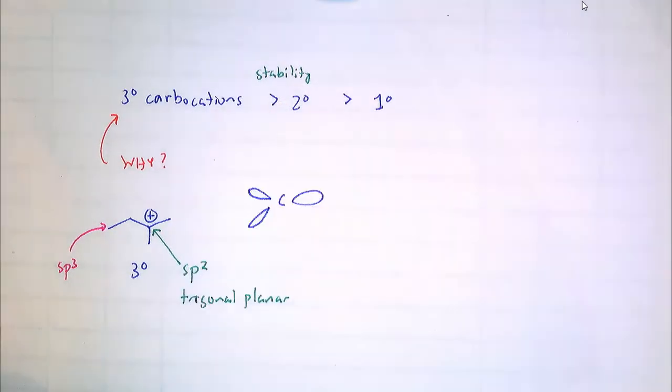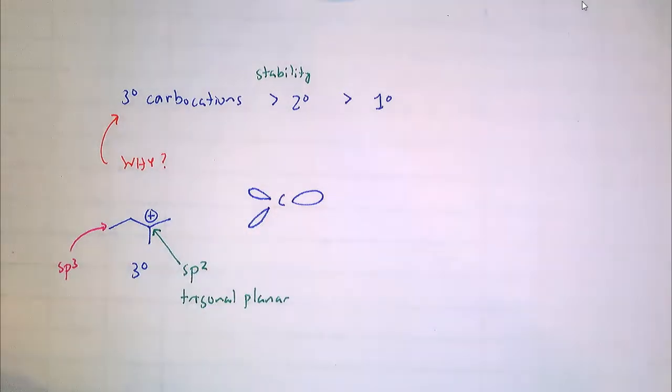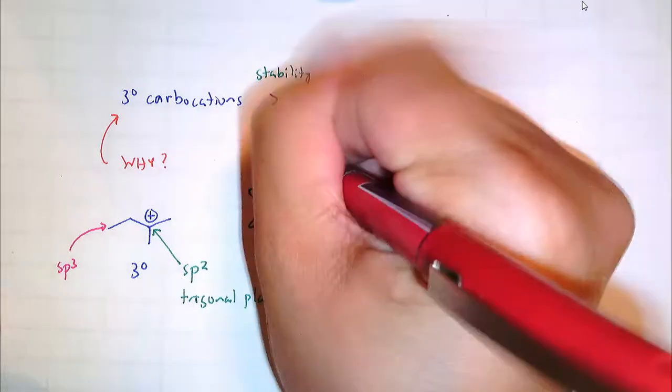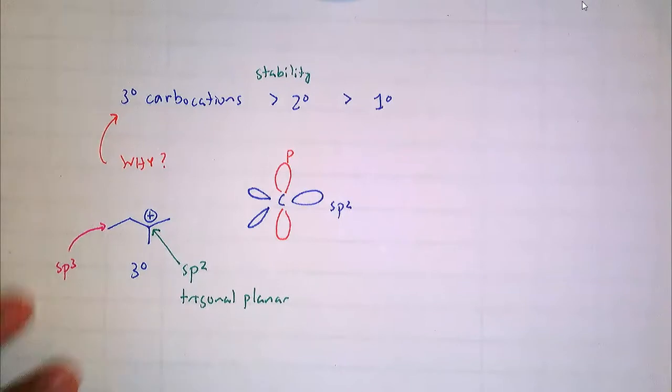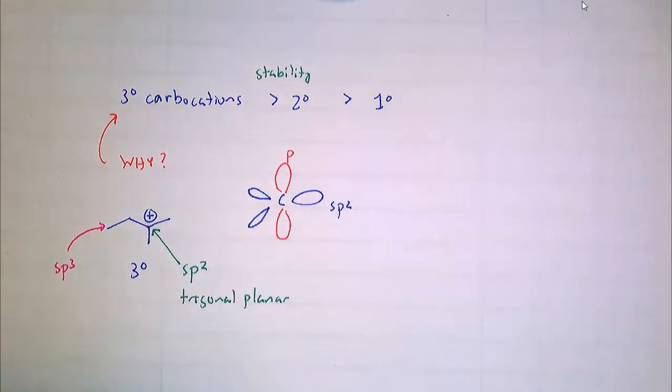Okay, trigonal planar. Sorry about the size. Those should have been equal size as this one. sp2. But with an sp2 atom, you have one unhybridized p orbital. Okay, so when I draw a carbocation, I'm not going to draw the sp2 because I'm not concerned about that.